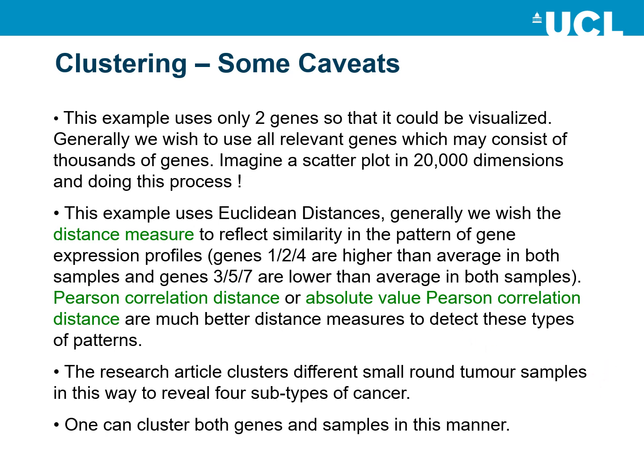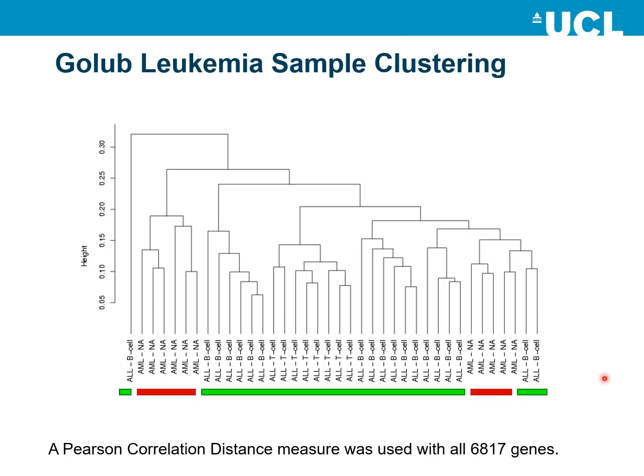So the research article clusters different small round tumour samples, and we can cluster both genes and samples in this manner. So this is the Golub data, with all of the data being used, all of the genes, all 6,817. Usually that doesn't lead to a very good clustering because a lot of the genes may not be related to the sample type.